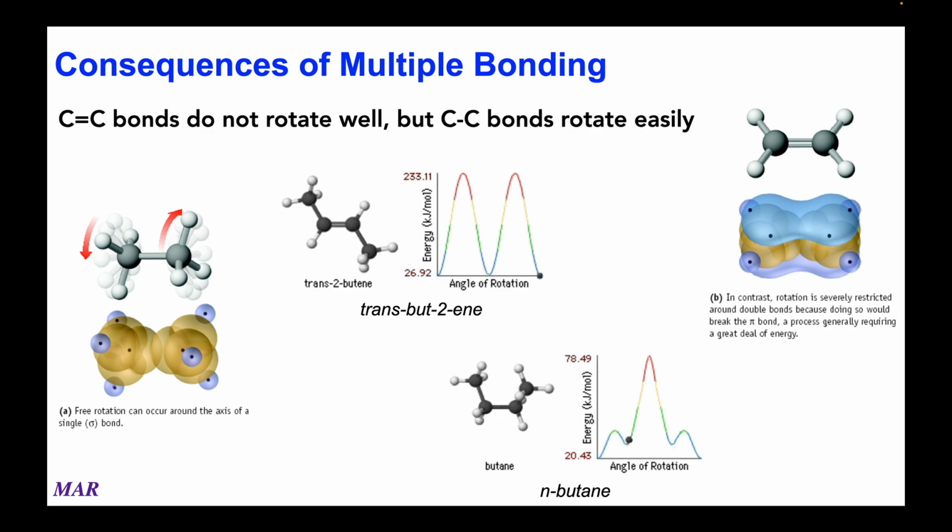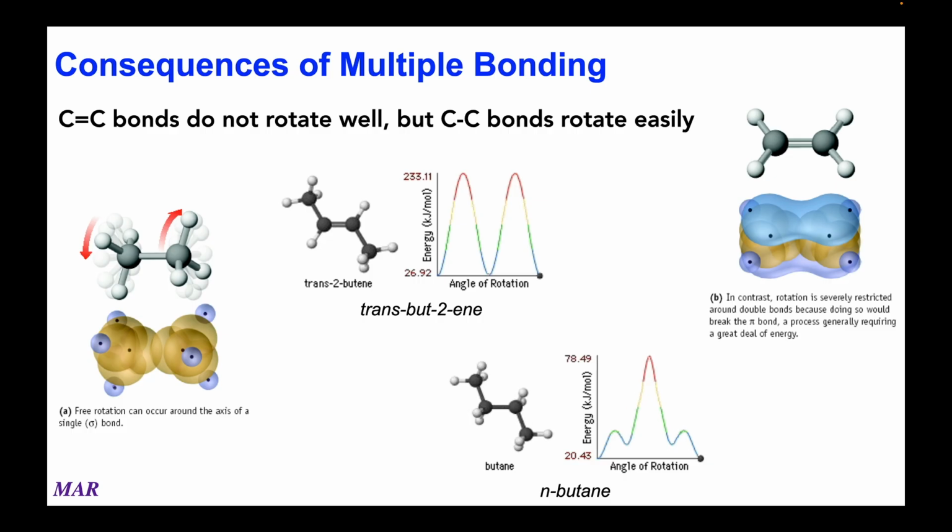Butane can rotate easily about its carbon-carbon single bond because the atoms of its methyl groups repel each other rather weakly. Rotation about this bond is accompanied by a small energy barrier and occurs readily at room temperature. The 2 sides of the molecule are therefore constantly spinning with respect to each other.